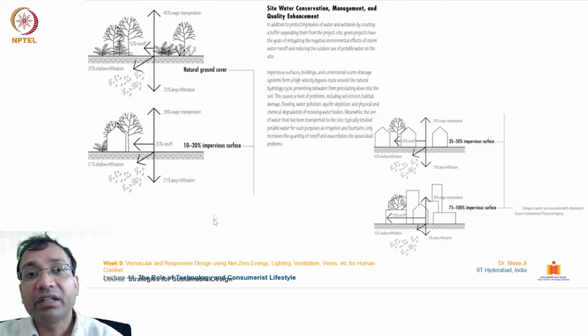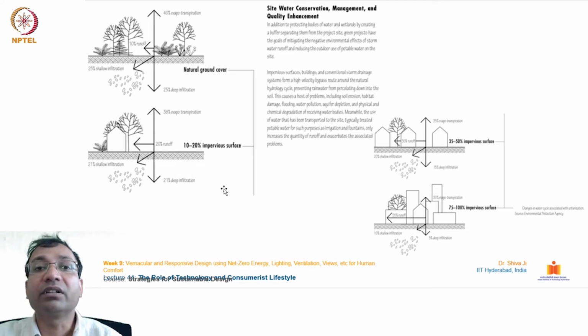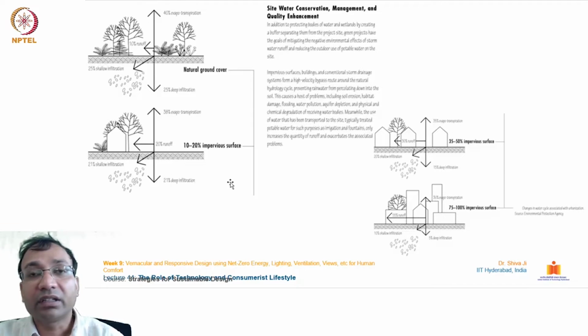It doesn't completely go off as runoff, because runoff water goes to the rivers and eventually to the oceans, depriving the top surface of the chance to retain this water. So pavement design should be taken care of properly, allowing water to penetrate into the ground.